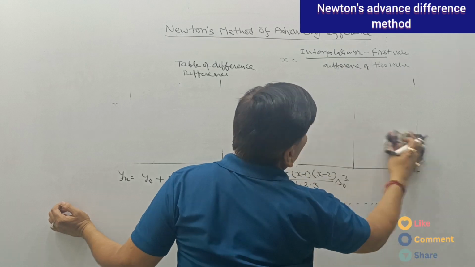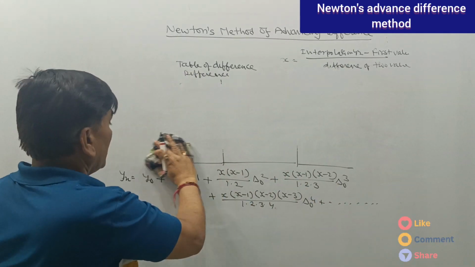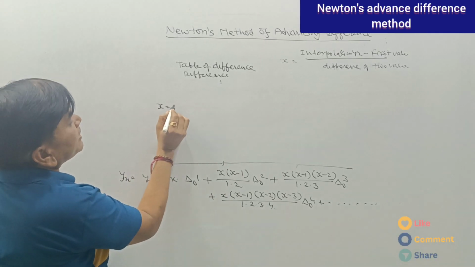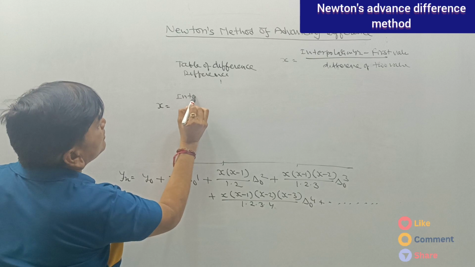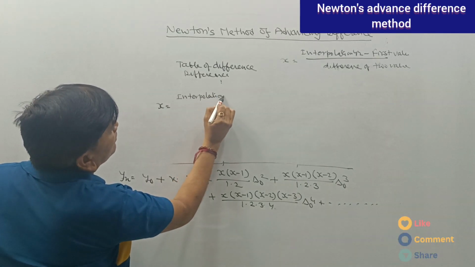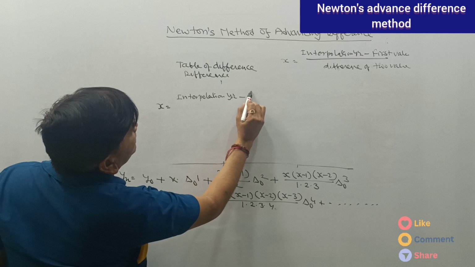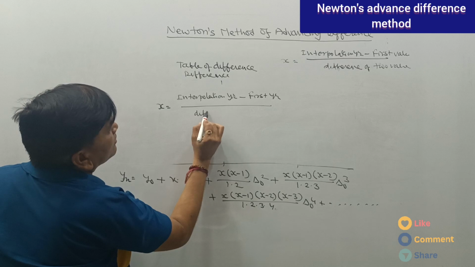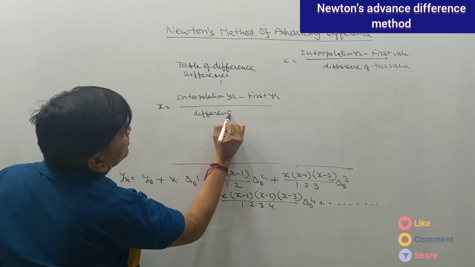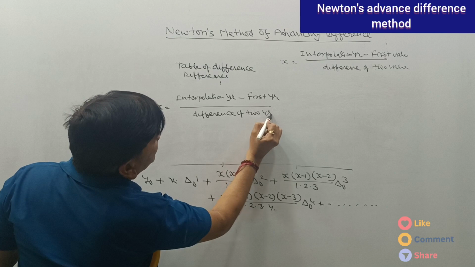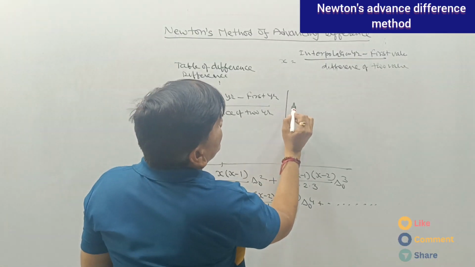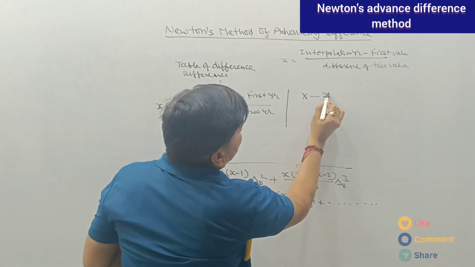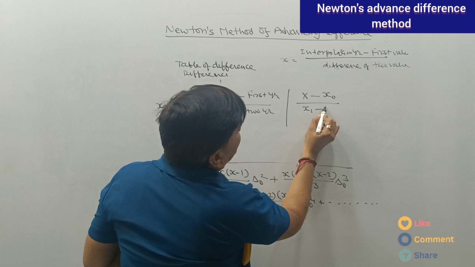Now come to how to calculate the x value. It's very important. The value of x is the interpolate year minus the first year, divided by the difference of 2 years. If the year is given, suppose the interpolation year is capital X, then minus x0, divided by x1 minus x0.